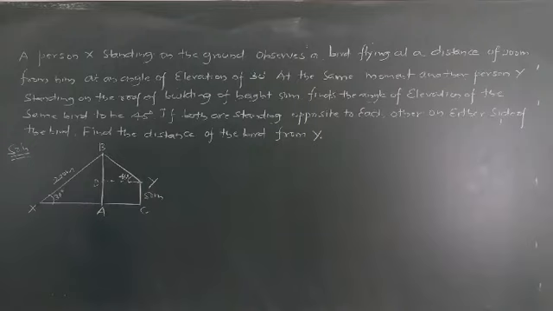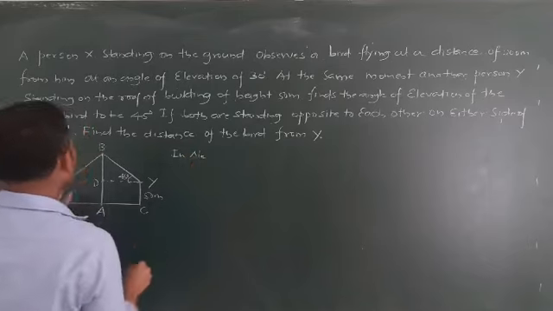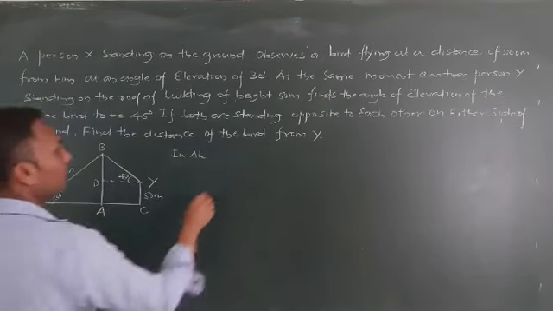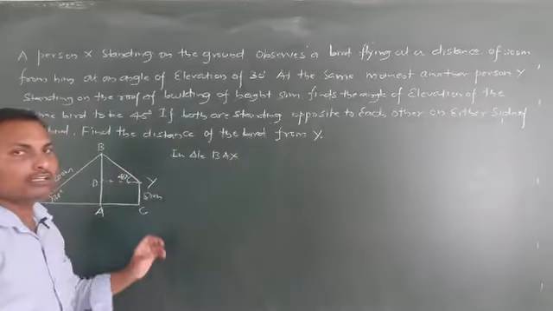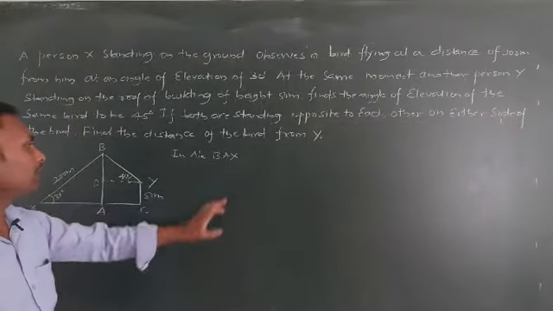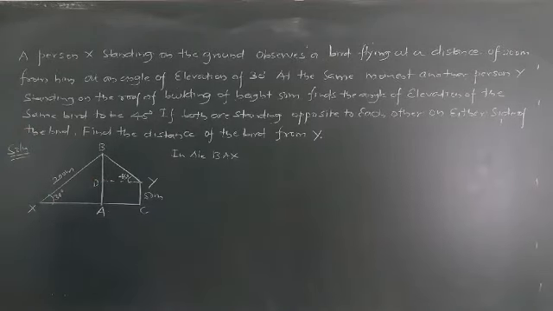We can take the triangles one by one and solve. First I will take triangle BAX. In this triangle BAX, we apply the proper trigonometric ratio.